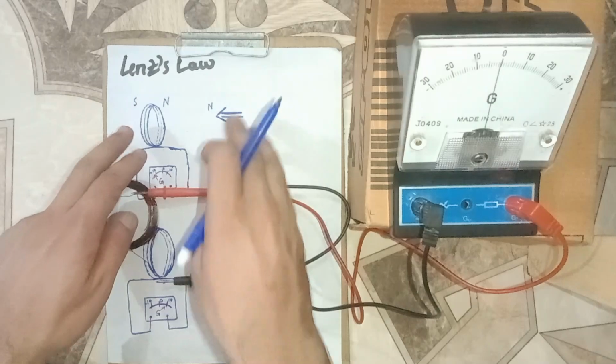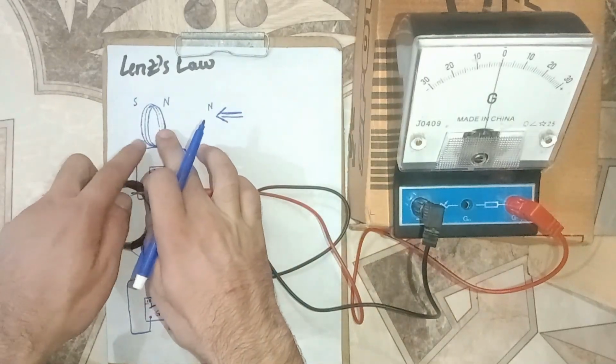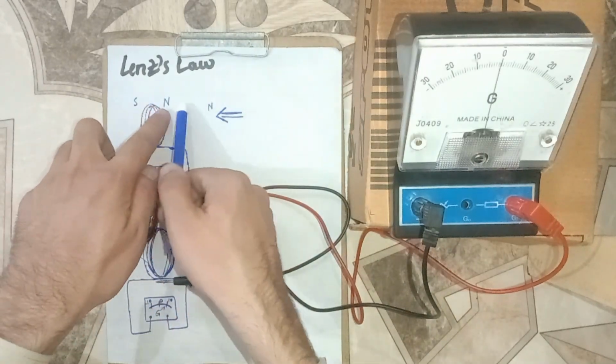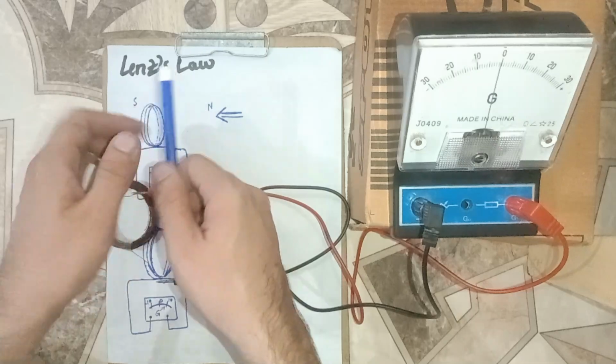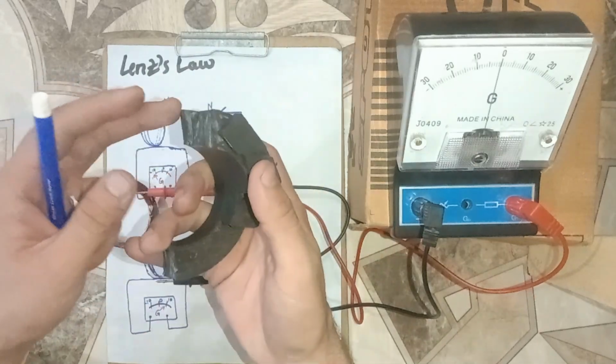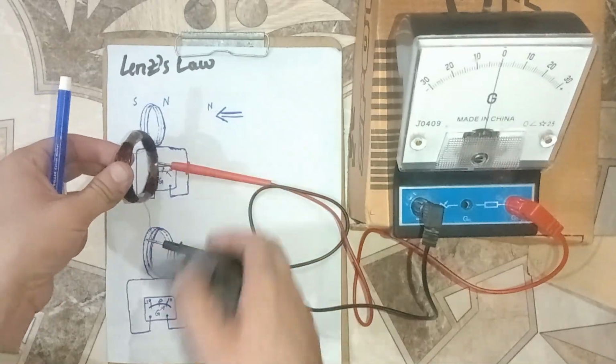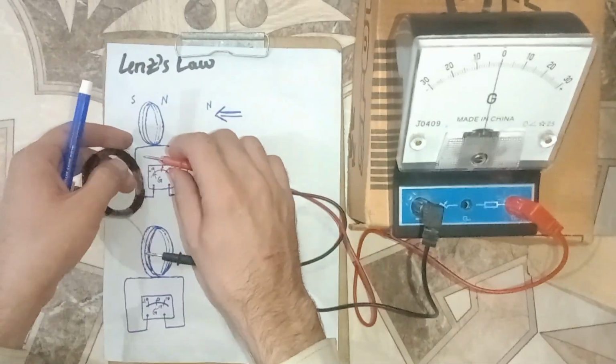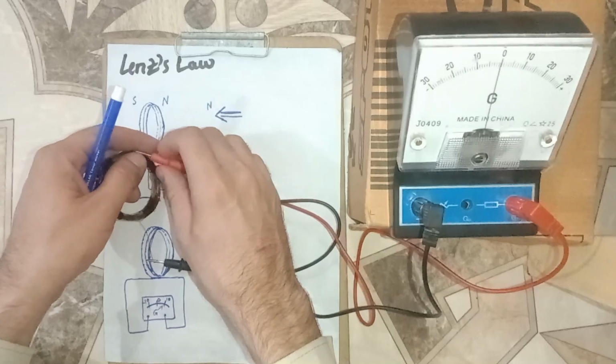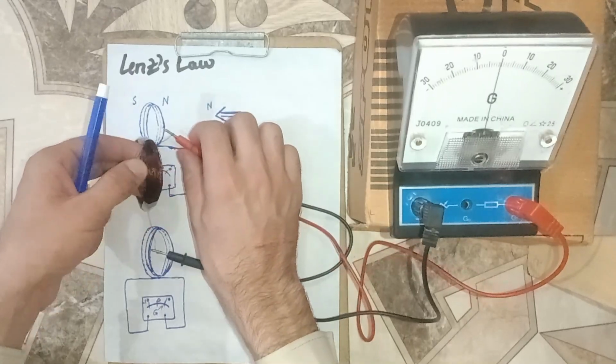So if I bring this magnet toward this coil, there will be a force of repulsion. We will bring this magnet by applying some force, so that mechanical energy will be converted into electrical energy.